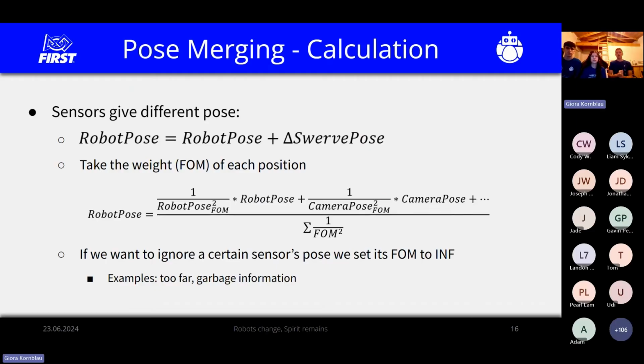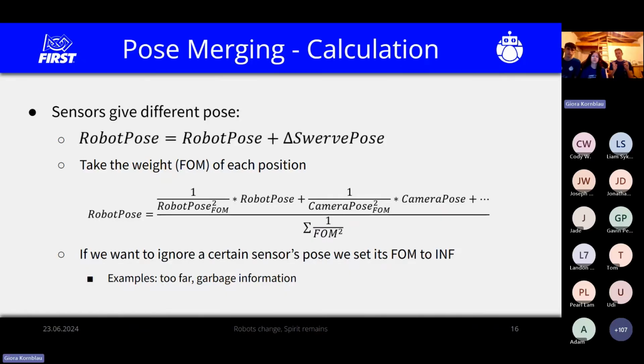So how do we actually calculate the robot pose? We do an operation called pose merging. You can see the formula in the slide. But before that, we first add the displacement of the swerve to the previous robot pose.